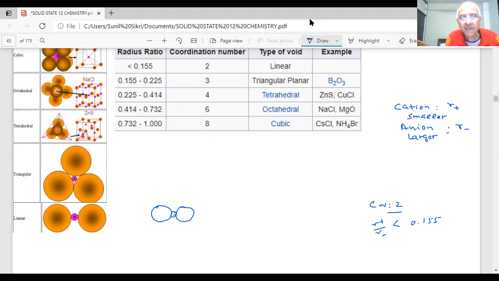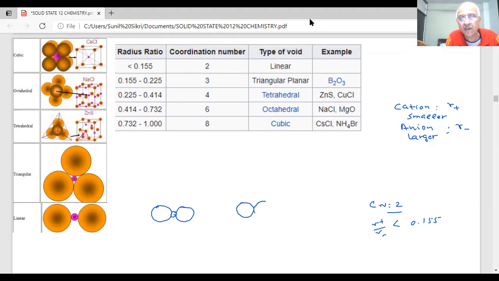Then this type of one dimensional arrangement is not possible. Then it has to be a two dimensional arrangement. It will shift to another arrangement. What type of arrangement is that? You can see it is a triangle. Can you see the triangle?